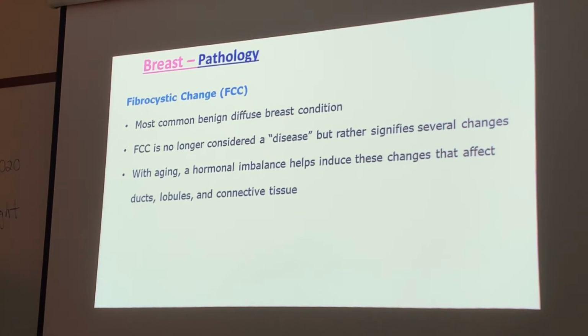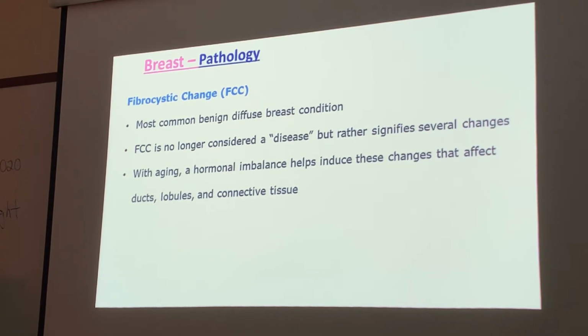Fibrocystic change is actually the most common benign diffuse breast condition. Fibrocystic change is no longer considered a disease, but rather signifies several changes. Aging and hormonal imbalance help induce these changes that affect ducts, lobes, and connective tissue.